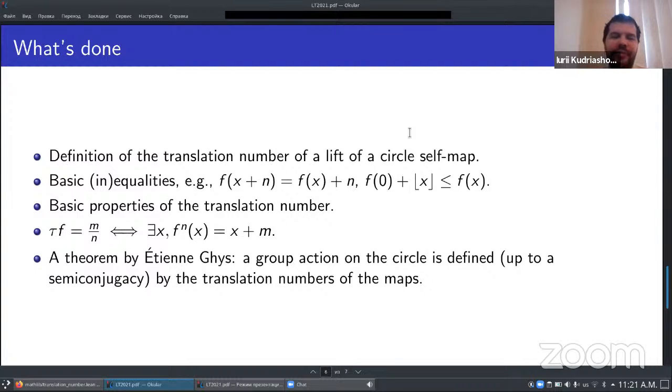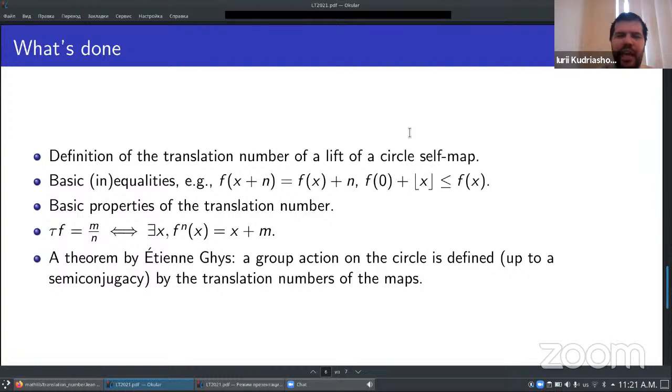So if you have 2 actions and they produce the same translation numbers, then actually these 2 actions are, in many important senses, the same. Or they're very similar to each other. So in some sense, this is some kind of a rigidity result.